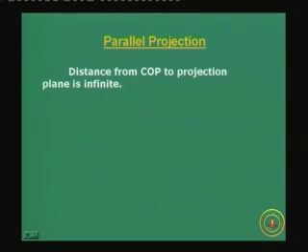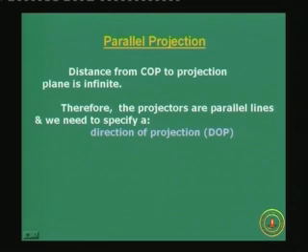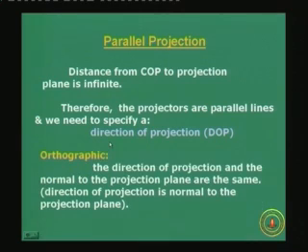Therefore, the projectors, or projective rays, all become parallel lines, and hence we need to specify a DOP, or direction of projection, as given in the slide here. Since the COP has vanished to infinity, we do not need to specify its coordinates. Instead, the direction of projection is very important. Basically, it is nothing but the direction cosines dx, dy, and dz.